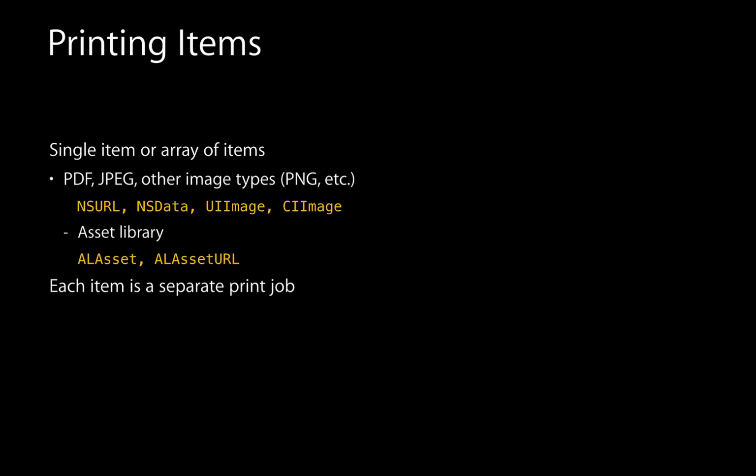These can be in the form of an NSURL to like a file on disk, or they can be in memory in the form of an NSData, UIImage, CIImage. It can even be something in the photo library, like an ALAsset or an ALAssetURL. And the printing system knows how to go into the photo library and grab that. If you provide an array of items, each one of those items will be a separate job.